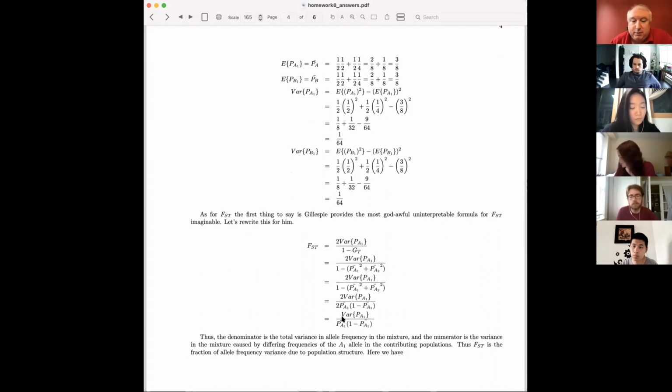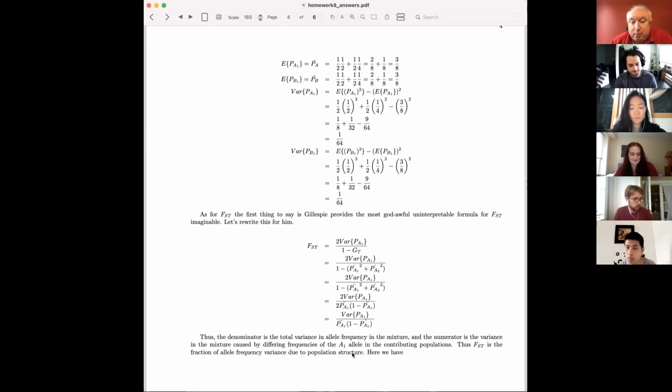So this interpretation, the variance between populations in the frequency of A1, over the frequency of A1 in the mixture times 1 minus the frequency in the mixture, can be described as the fraction of the variance of the A1 allele that is caused by variance in the A1 frequency between populations.